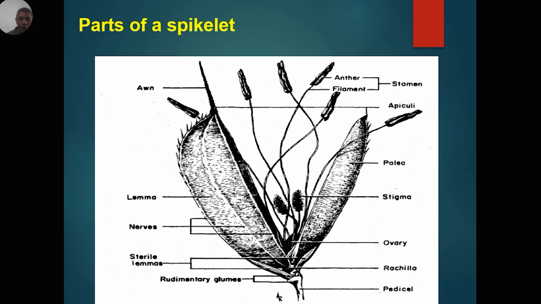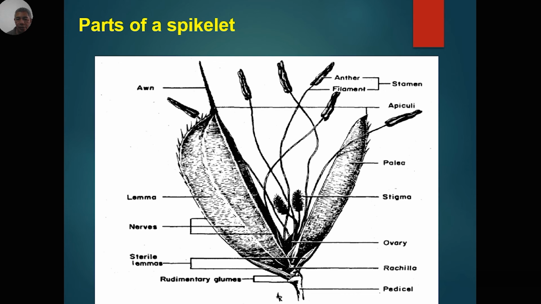The pollination process, of course, is very basic. This is the transfer of pollen grain from the anther of a male flower to the female flower.